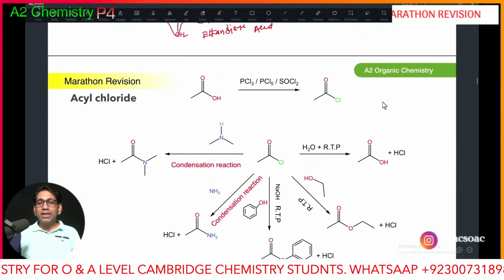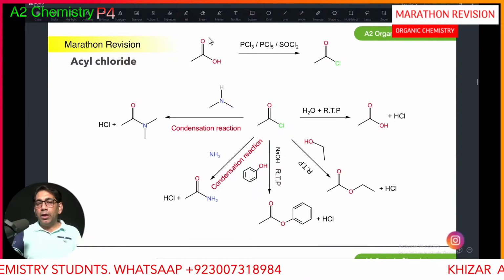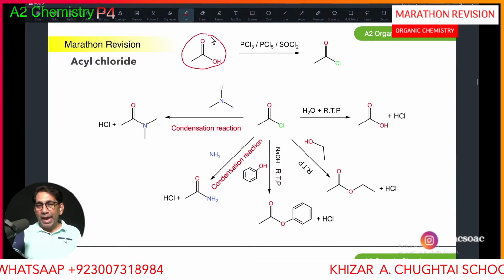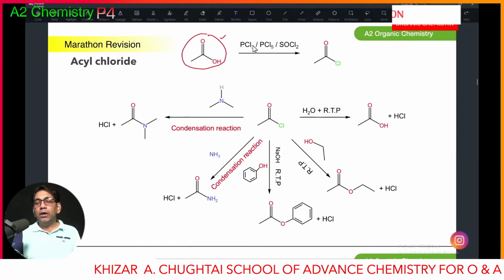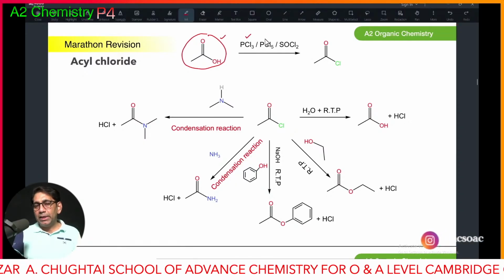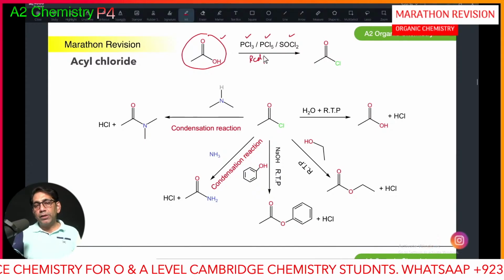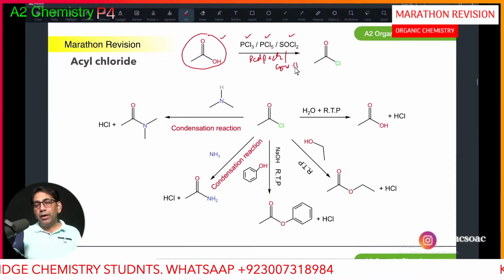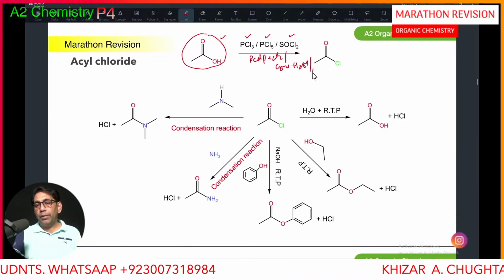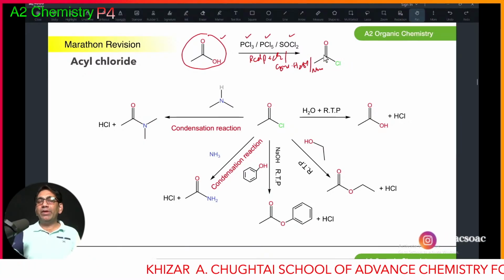Next one is acyl chloride. As I told you, you can make it from any acid, aromatic or aliphatic. By adding PCl3, PCl5, SOCl2, sometimes red phosphorus plus Cl2, or sometimes concentrated H2SO4 plus NaCl, you can replace the OH group with a Cl group.